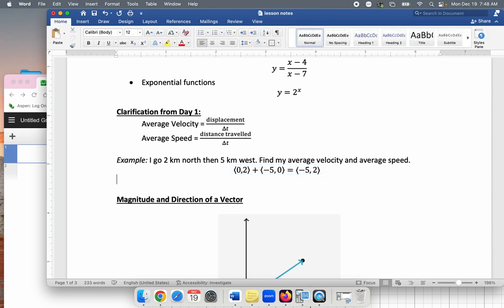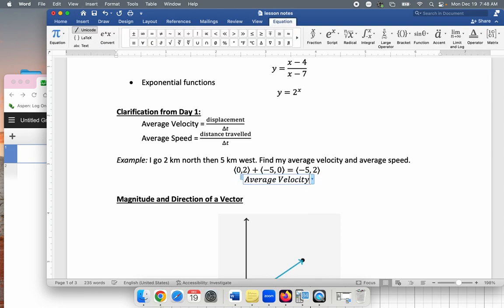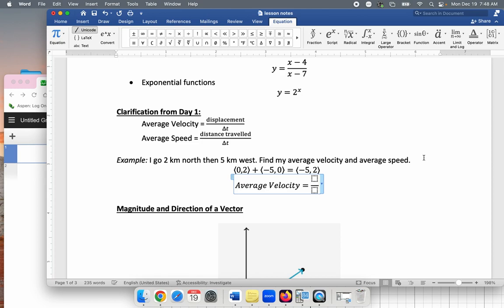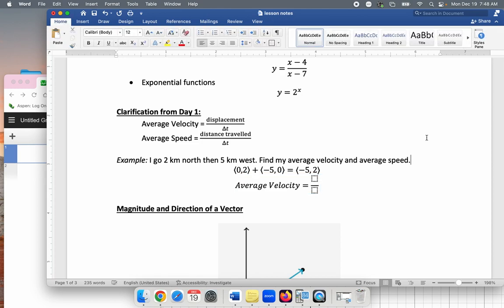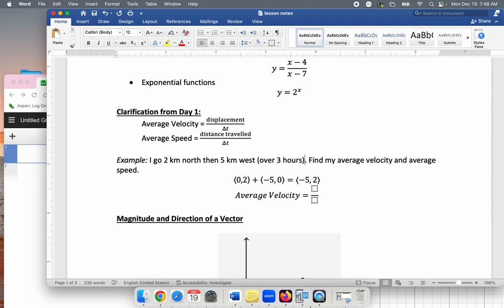Now, what is my average velocity going to be? Well, I have to actually say how long this took me, right? So let's say that this took me 3 hours. What would my average velocity be if I did this amount of traveling in 3 hours? Well, for average velocity, you're going to take the magnitude of the displacement vector, which is the magnitude of this vector right here, and put that in the numerator.